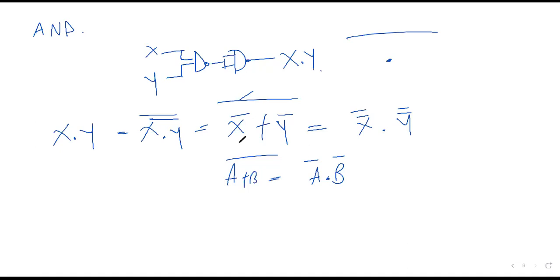X bar is X. Is this true? Yes. I get XY. I get the same. Or, but if I do this, is this the same? This is where I came from here. Right?